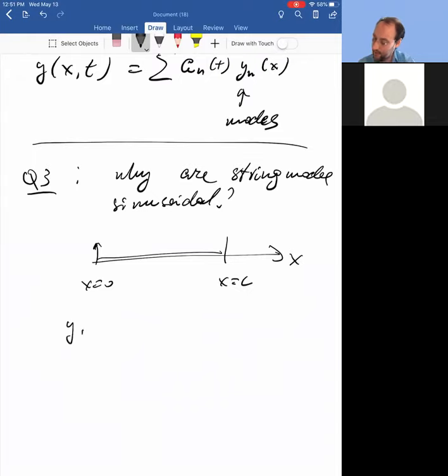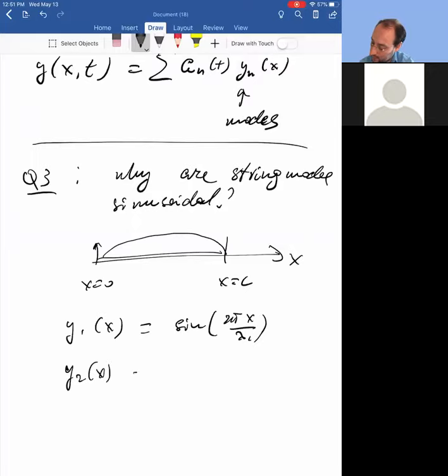So y sub 1 of x was given to you by sine of 2 pi x over lambda 1, right? So that's this. Y sub 2 of x equals sine of 2 pi times x over lambda 2, and so on. But why sine?